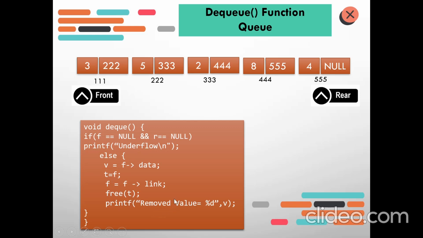And the next thing which needs to be done is you should print the value of v, which is the original frontmost element's data part, or the value stored at that location, right? So that would be 3, right? So similarly, the front would now point to 2 2 2.